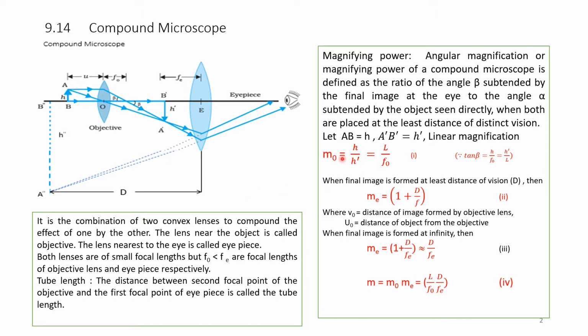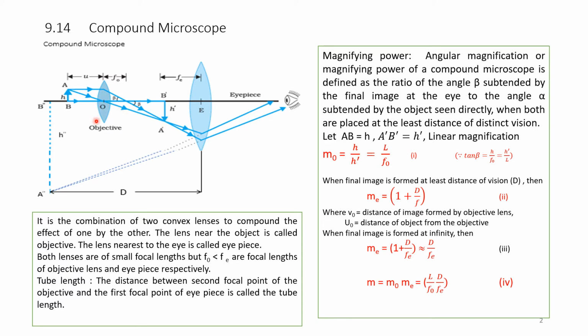Hence, as per definition, we have two magnifications. One is the magnification of the objective, that is linear magnification. H is magnified to H dash.